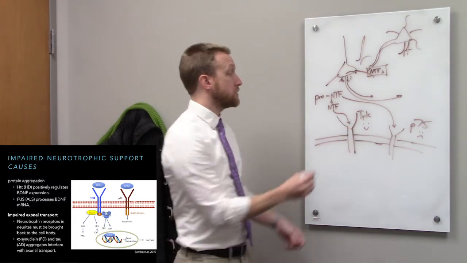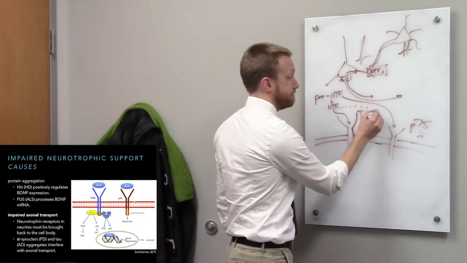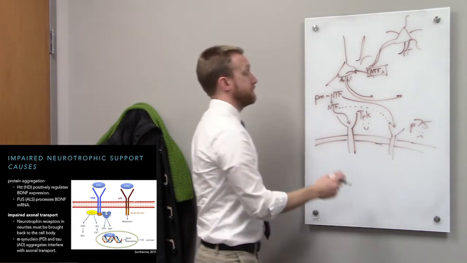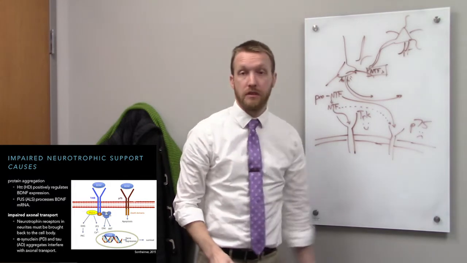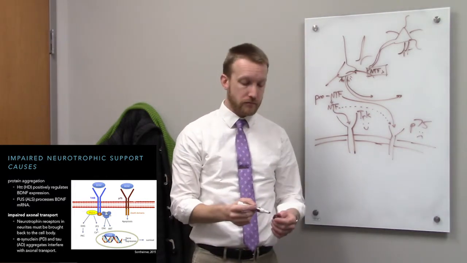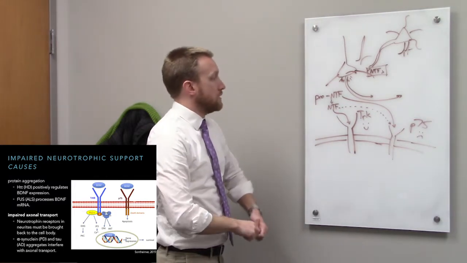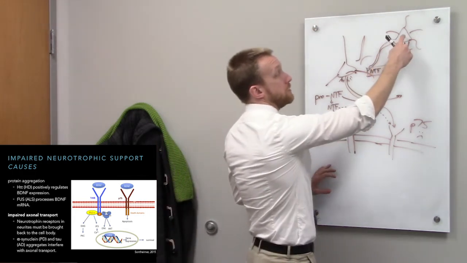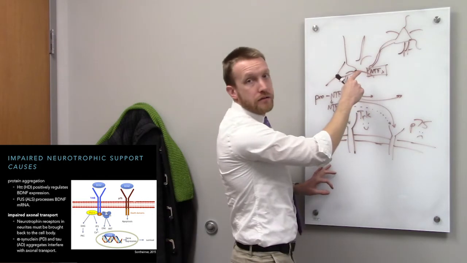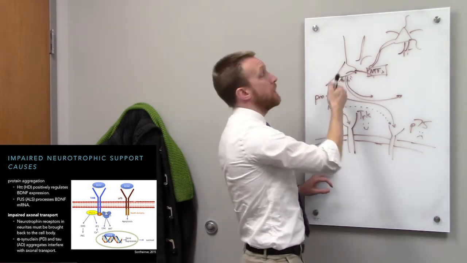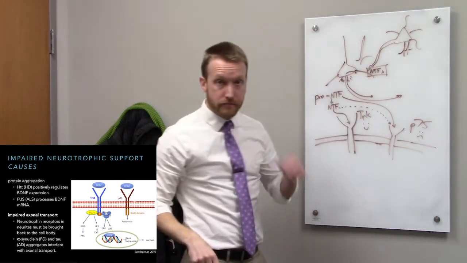At high enough concentrations, though, the processed neurotrophic factor can still stimulate the toxic receptor. So if this cell is going to be nourished, it has to get the receptor into the axon, allow it to be stimulated, and then transport it back.